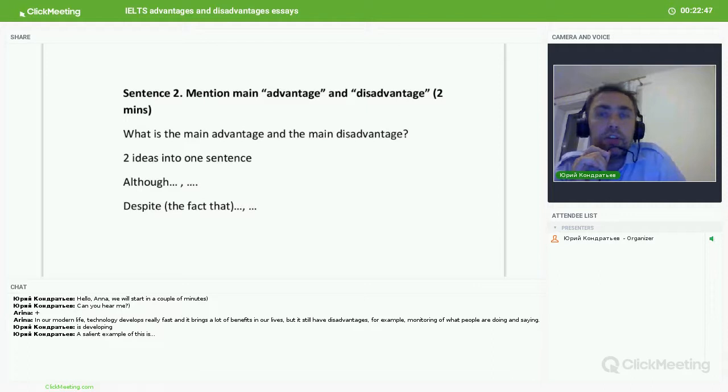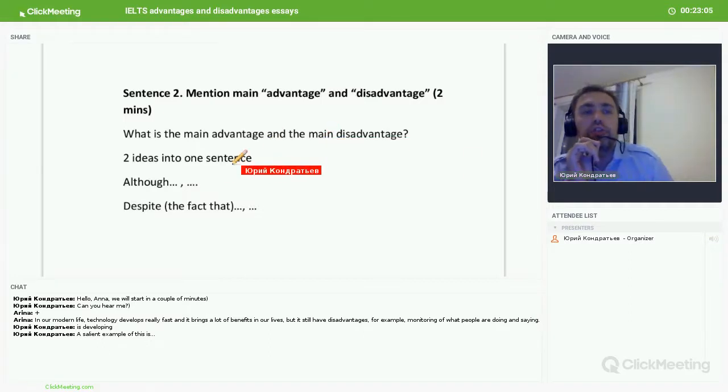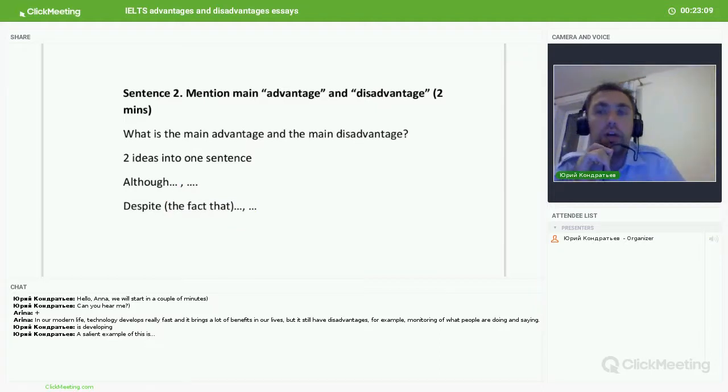And the disadvantage is that it's intrusion into people's privacy, because people lose their privacy in some way, and this can be seen as the main disadvantage. And to fit these two ideas into one sentence, you can use an expression although or despite. It's not necessary, but if you wish, you can use it.